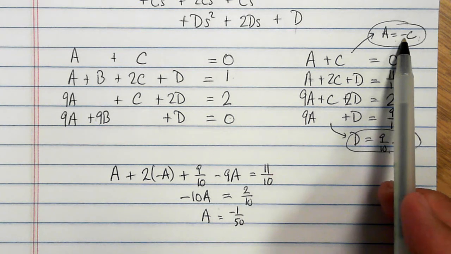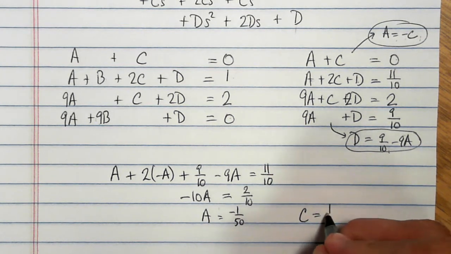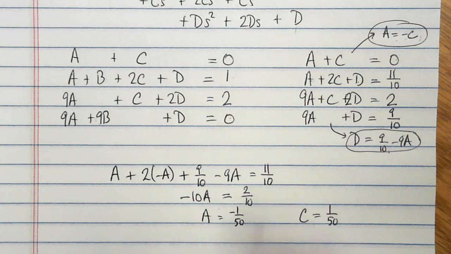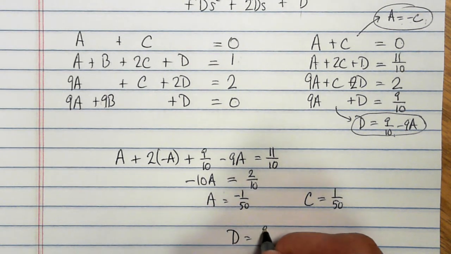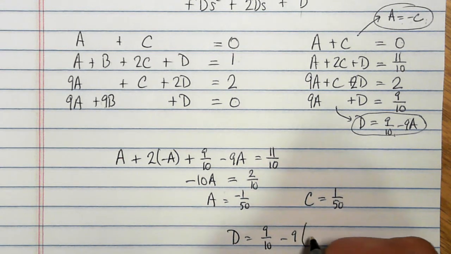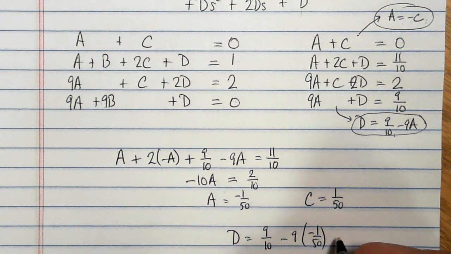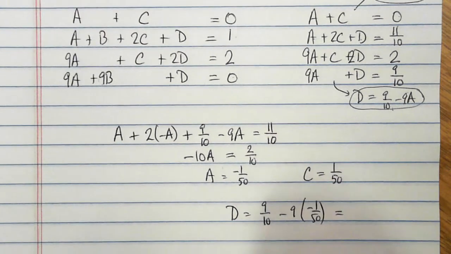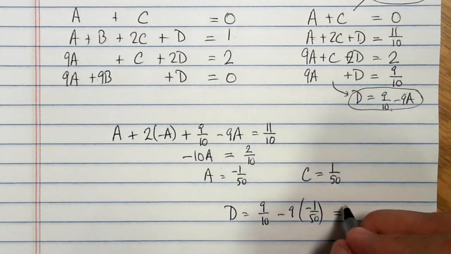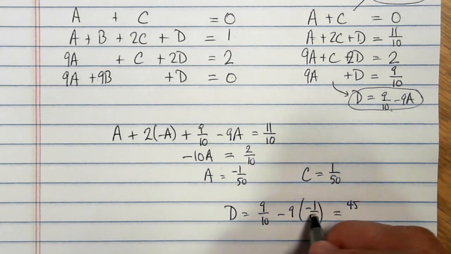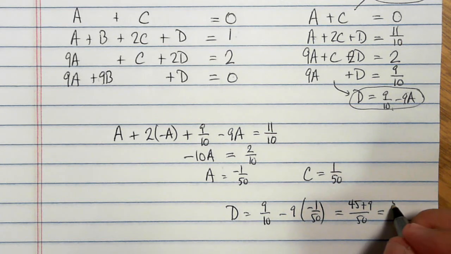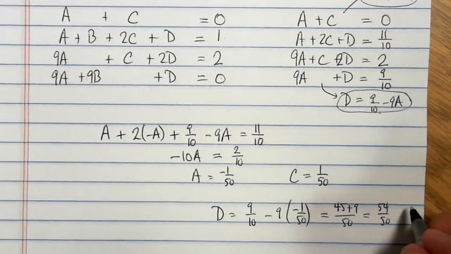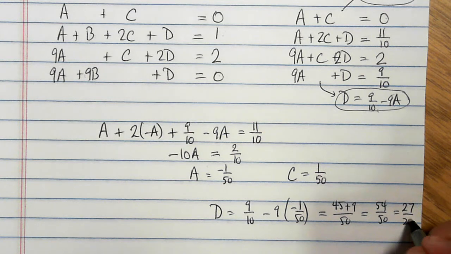So then coming back here, that makes c equal to +1/50. And plugging into here, we get that d is equal to 9/10 minus 9 times -1/50. So that's equal to 45, multiplying 9 times 5, plus 9 over 50, for 54 over 50, which is 27 over 25.